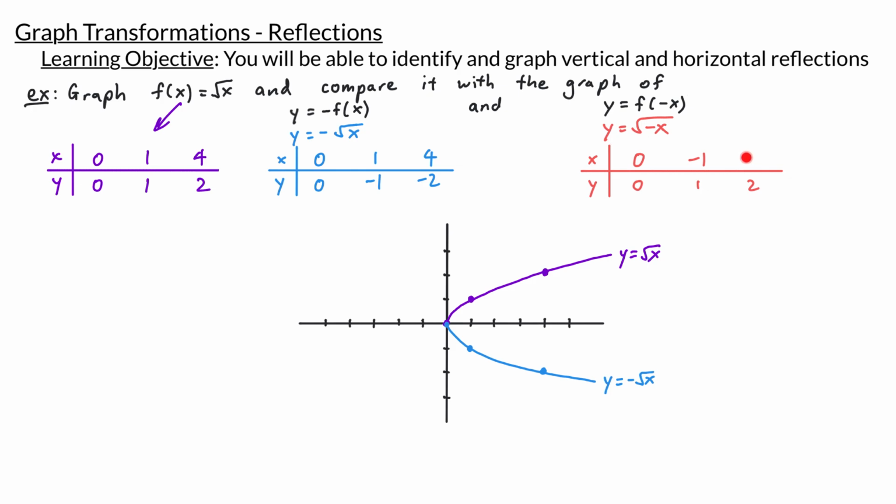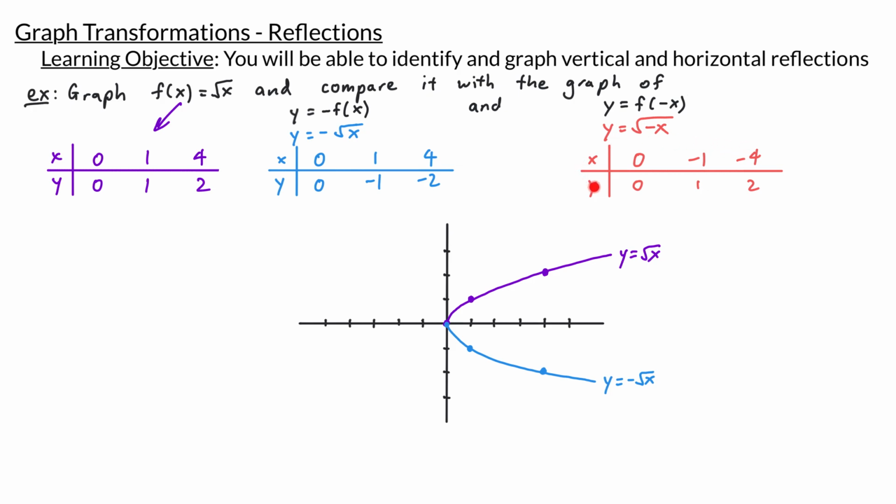Lastly, we want to find the x value so that when we plug it into our equation, we get 2 as the y value. This time, the x value would have to be negative 4, because if we have negative 4 in for x, negative x would be positive 4, then taking the square root gives us positive 2. So when x is negative 4, the corresponding y value would be positive 2.